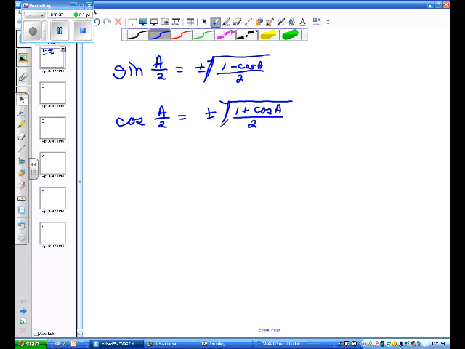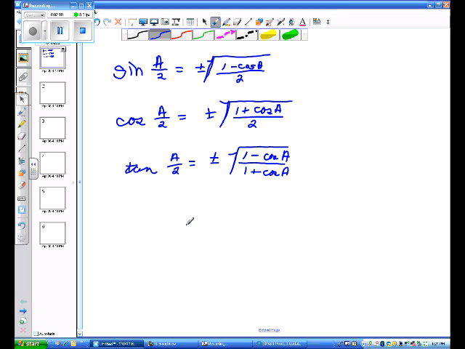Then for the tangent of half of an angle, that's equal to plus or minus, well, it's sine over cosine, and since the denominators are the same, they would cancel, so it's going to be the square root of 1 minus the cosine of A over 1 plus the cosine of A.